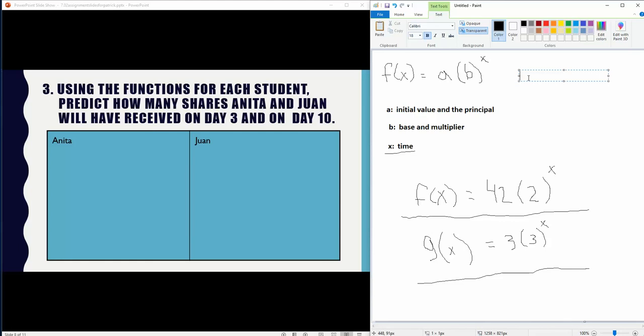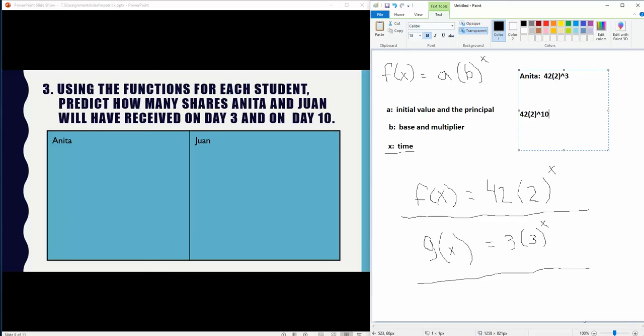So if we are working on Anita's example, we're going to use her function from below, which was 42 times 2 in parentheses, since it was doubling, and we're going to evaluate it when it's 3 days in, and we'll also evaluate it when it is 10 days. So for the 10-day one, same thing, but instead of 3, we are going to use 10 as the exponent.